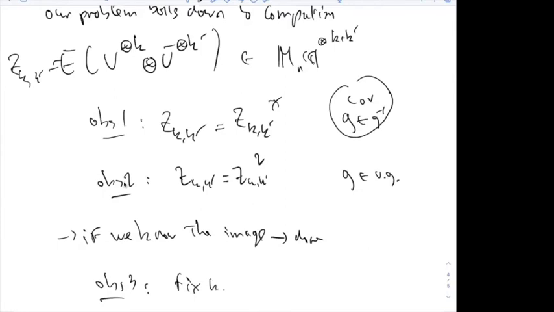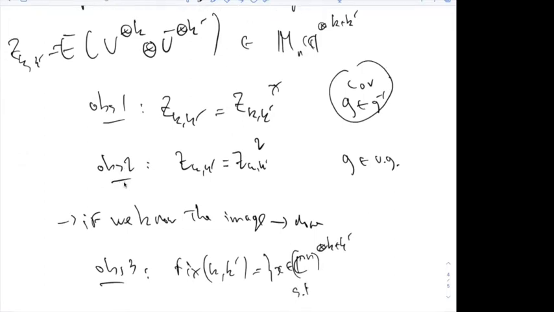I will say fix k prime, which is the collection of vectors x in C n tens k plus k prime such that u tens k tens u bar tens k prime of x equals x.